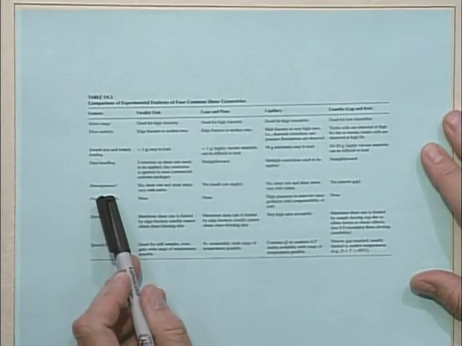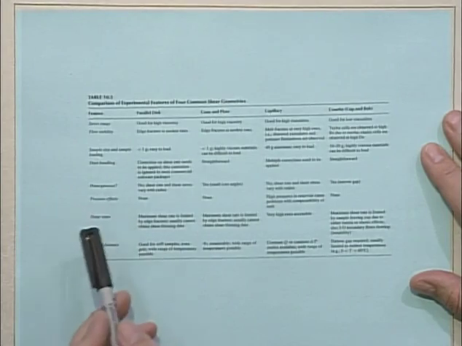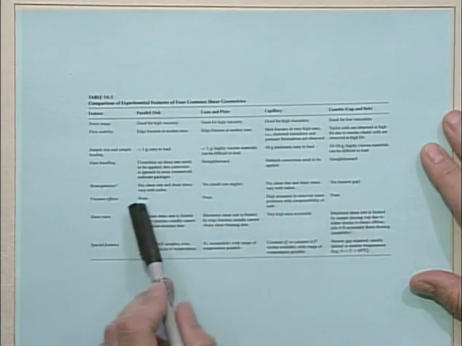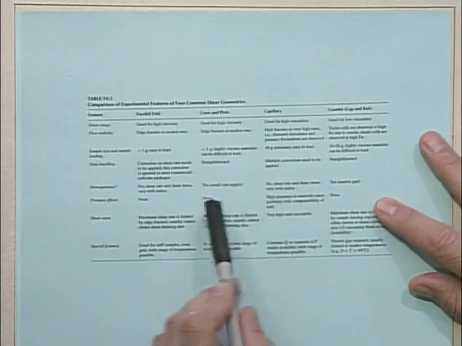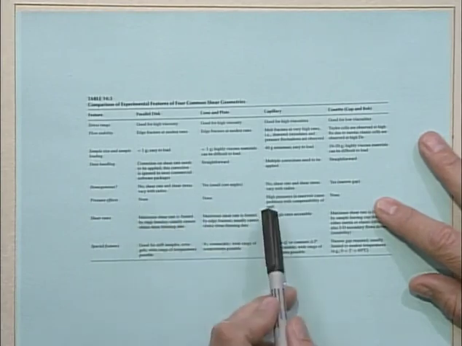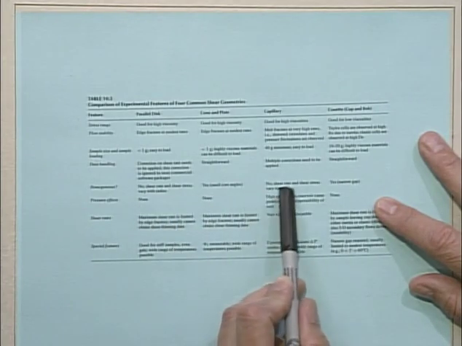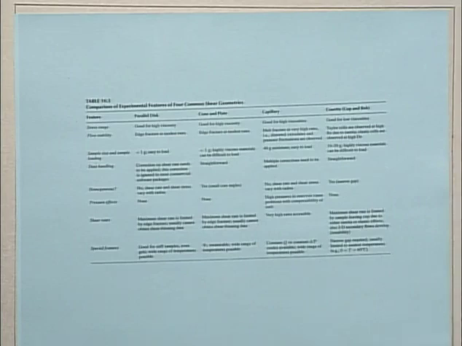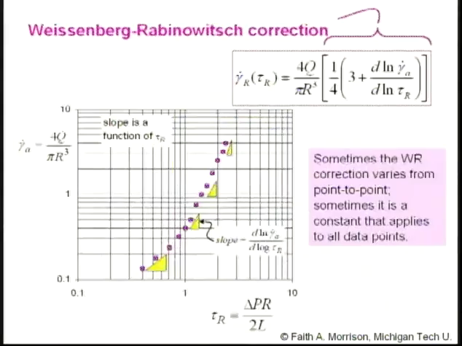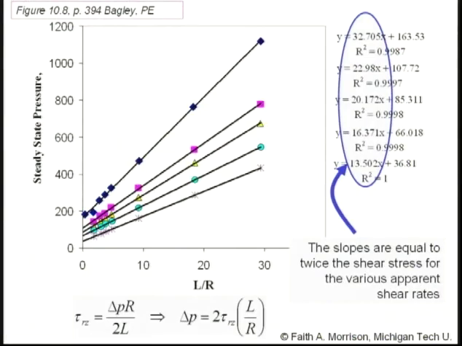One of the negative factors of the capillary rheometer is the effect of pressure. There's no pressure problem with the cone and plate, parallel plate, or cup and bob, but in the capillary rheometer, if I dial back here to our Bagley plots, sometimes at these very high L over R's, very long capillaries, we start to see a little bit of an upward curvature of these Bagley plots.